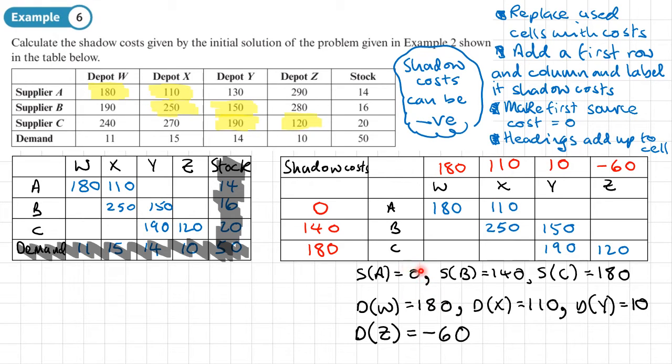So for example, if this cost at A, we made it 0, but if this cost, for example, was, let's say 100, then this is going to be 240, 280, 280. They're all relative to it. 210, 110, and then this would be 40. So these are like relative costs, not the actual costs. And these are what we call the shadow costs.